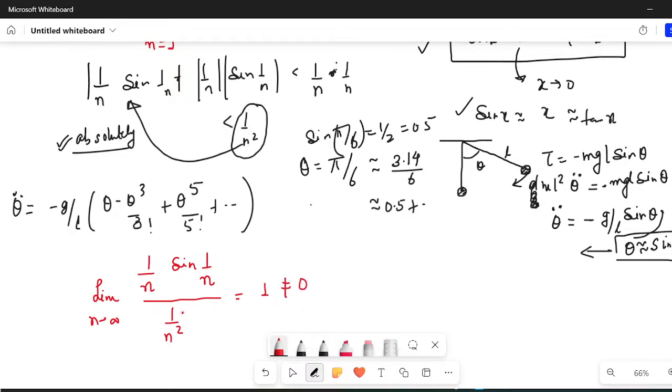By the limit comparison test, since 1 upon n square is convergent, it implies summation 1 upon n into sine 1 upon n is also convergent. I hope everybody is getting my point. Please let me know in the comment section if that's not the case. Is that clear?